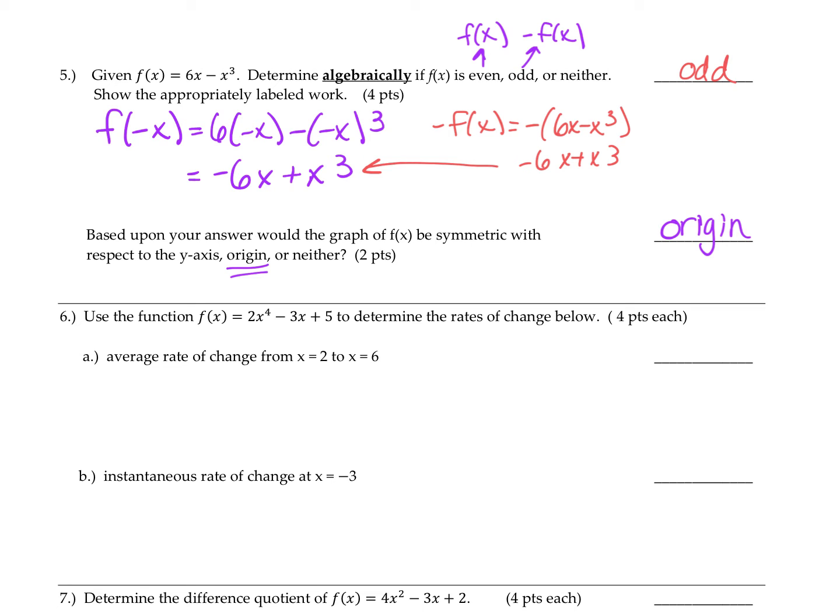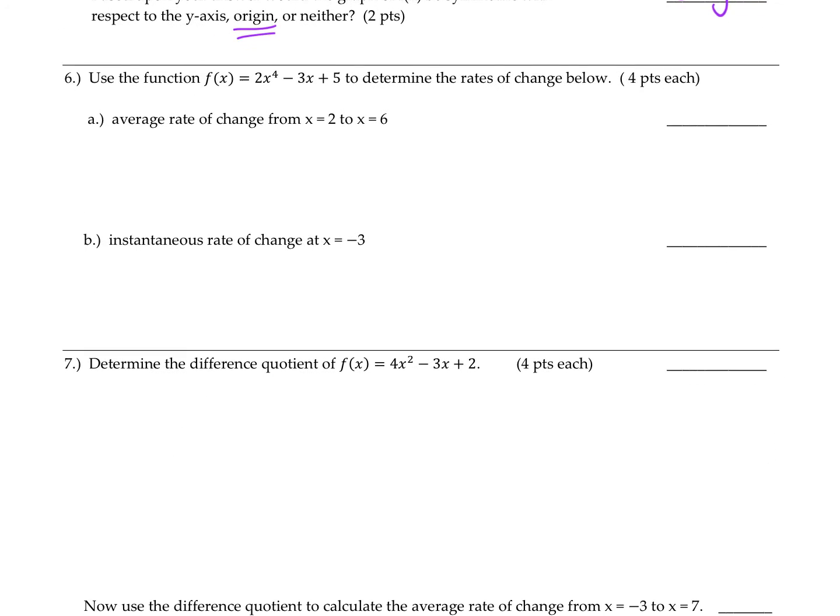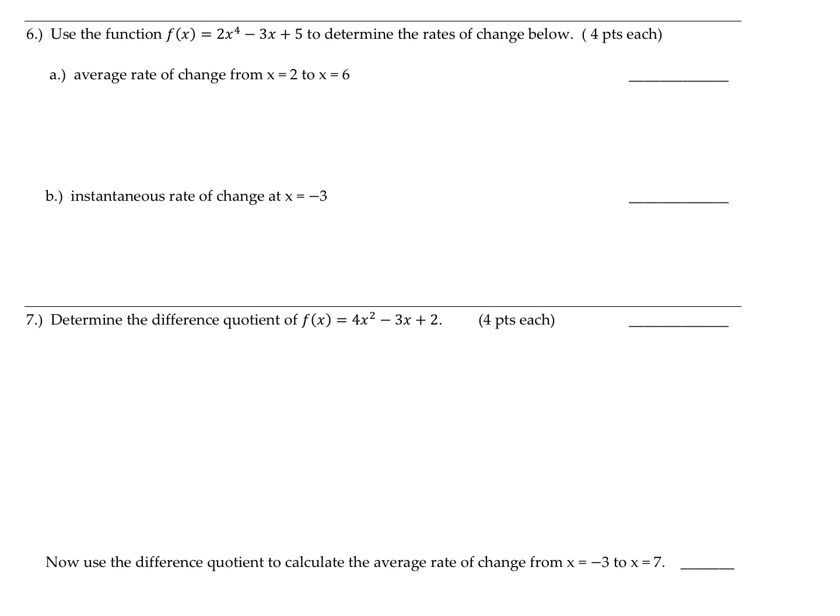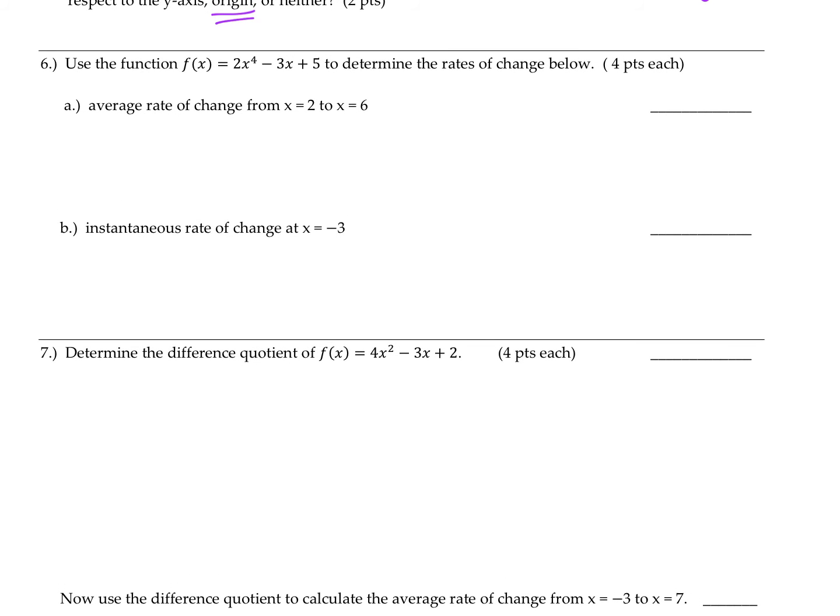All right, in number 6, it says, use the function to determine the rate of change below. So if I'm doing rate of change, I'm going to do f of 6 minus f of 2 all over 6 minus 2. So I need to find the y for 2 and the y for 6.